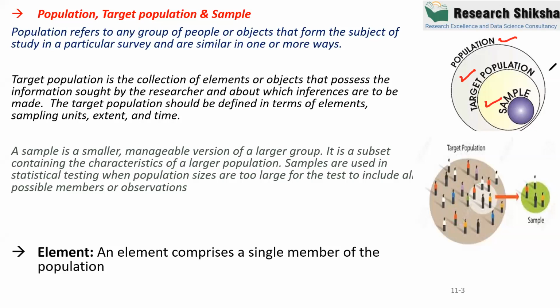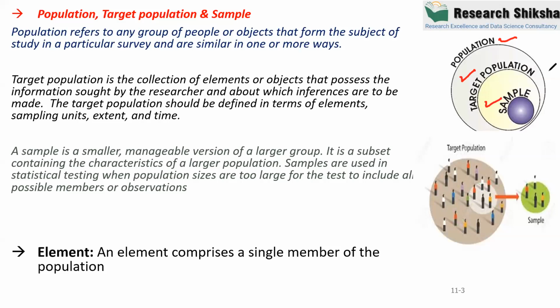Then I asked whether her study is equally applicable to cancer patients in the US and Europe. She said yes, because in medical science we assume that if any medicine is good in India, it should be good in other countries also. So the population of the study is the entire world. Then what is the target population? The target population is the patients in PGI Chandigarh.